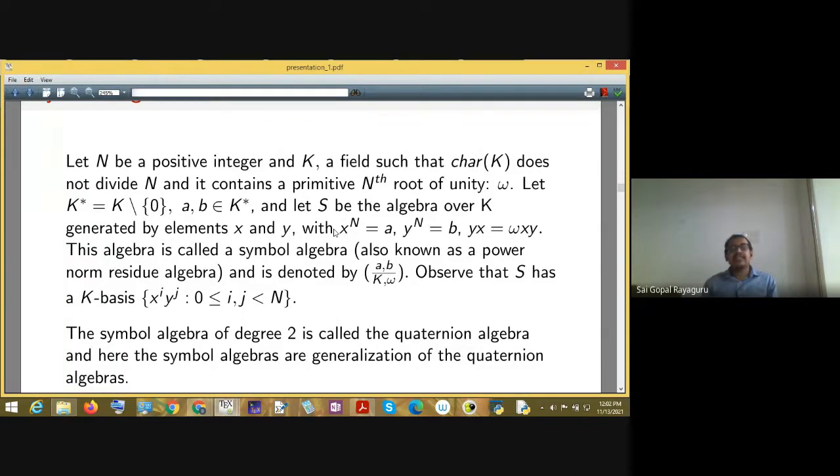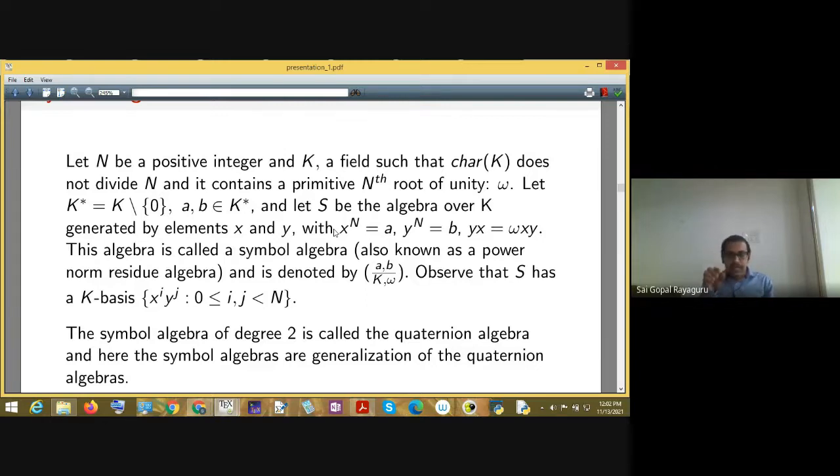If that is the case, let omega be a primitive nth root of unity, that means omega raised to the power n is equal to 1, and omega raised to some power k less than n is not equal to 1.